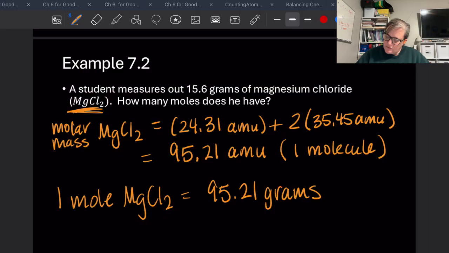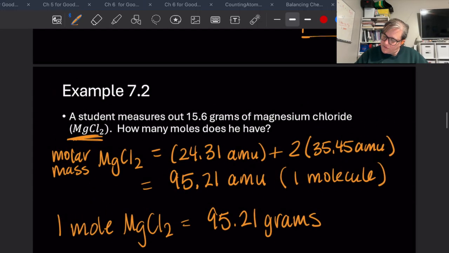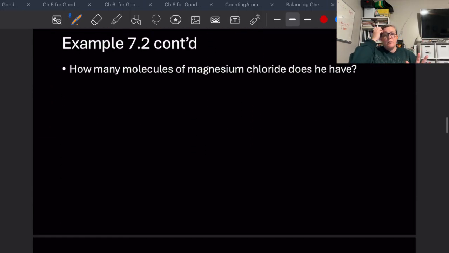So if we started out with 15.6 grams, this is where we're going to do our dimensional analysis that we talked about at the beginning of class last week. So 15.6 grams, that's what we're going to start with.